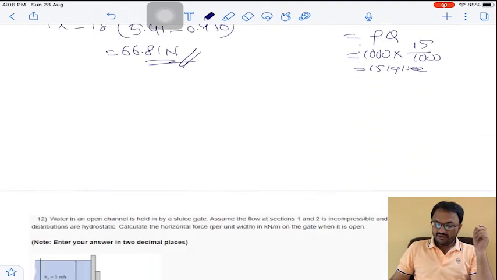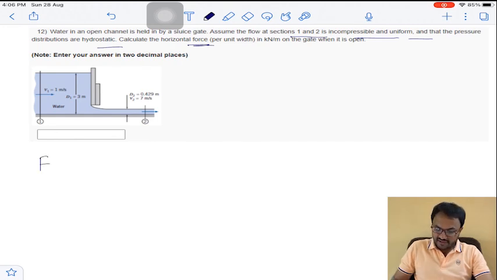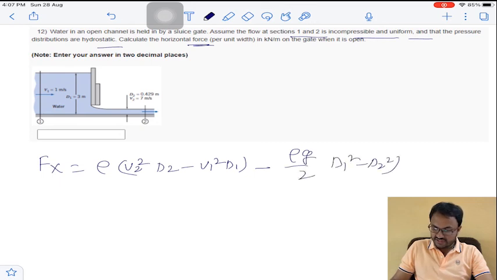Okay. Coming to the last question. Water in an open channel is held by a sluice gate. Assume the flow at sections 1 and 2 is incompressible and uniform and that pressure distributions are hydrostatic. Calculate the hydrostatic force. We have a formula. Hydrostatic force Fx is equal to rho into V2 square d2 minus V1 square d1 minus rho g by 2 into d1 square minus d2 square.